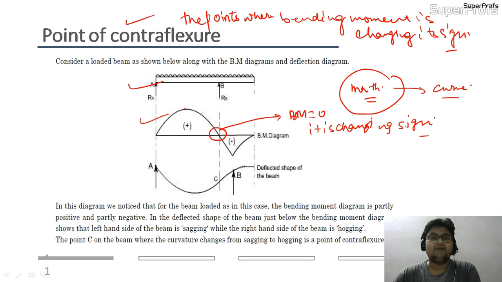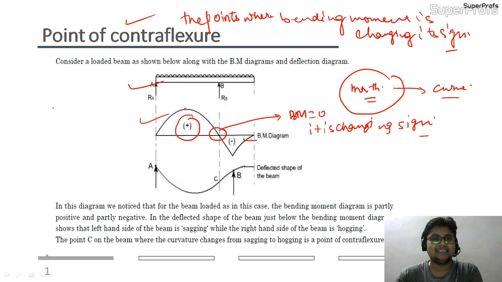Again, a very important point to note: it is not just that the bending moment is 0 that we call it a point of contraflexure, but that the bending moment is changing sign from positive to negative.